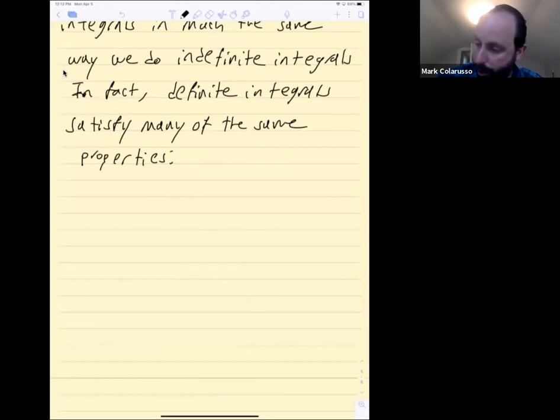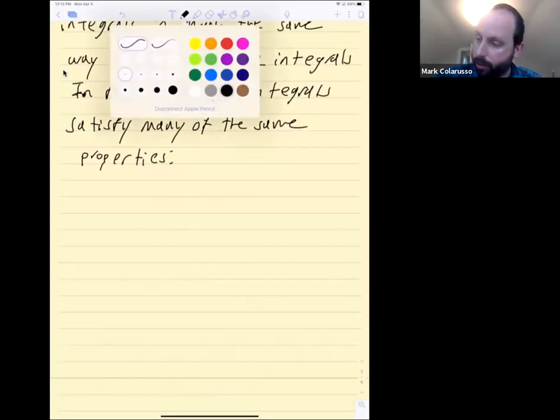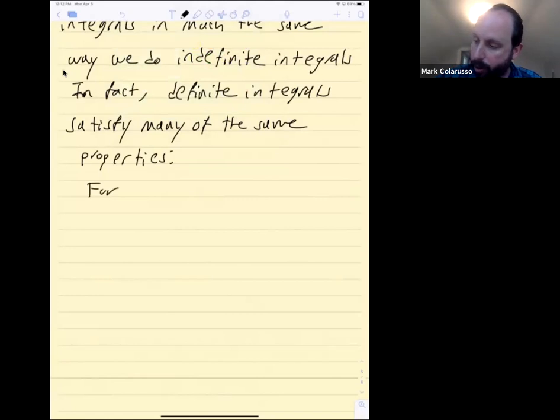Okay, so for example, we have sum and constant multiple properties, and difference and constant multiple properties.